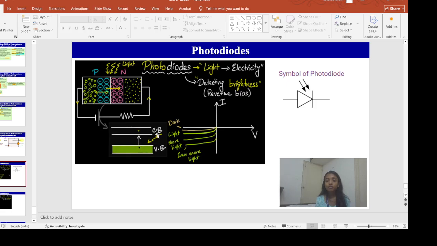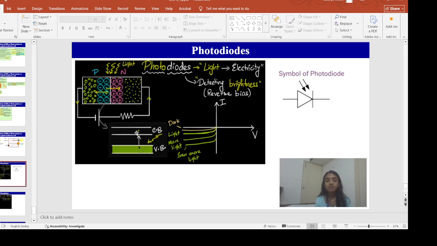Upon absorbing that photon energy, this electron will get excited and jump to the conduction band. If this phenomenon happens somewhere over here in the N side or somewhere over here in the P side, then after some time electrons and holes will get recombined and nothing special will happen.